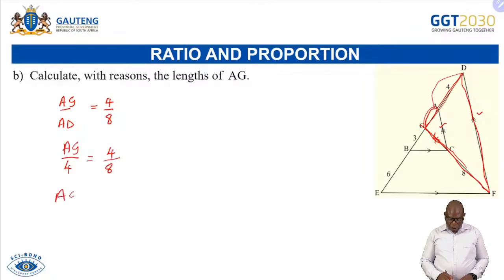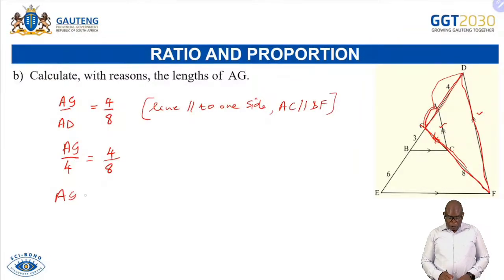So AG, remember we must always write down the reasons. The reason will be line parallel to one side of a triangle. And in which triangle am I using this ratio? In triangle GDF, and therefore AC is parallel to DF.